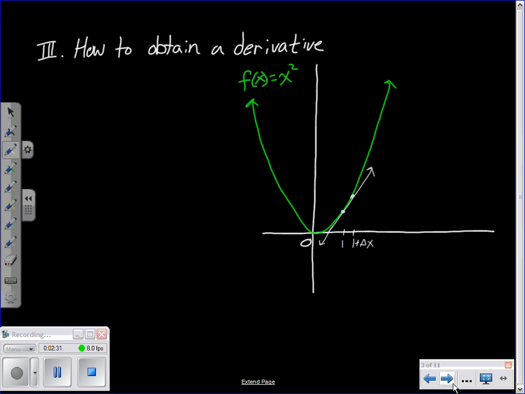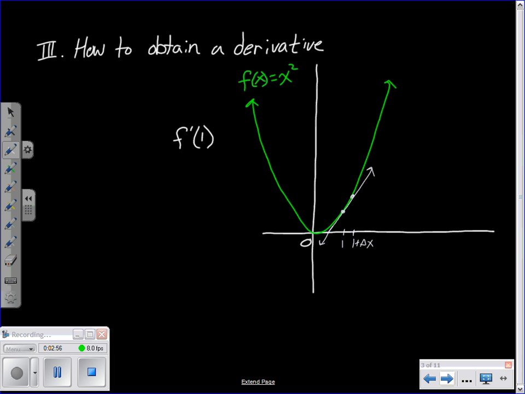So how to obtain a derivative then. Say we take a function f of x equals x squared, which is graphed here rather crudely, and you wanted to find the slope of the function at x equals 1. So we wanted to find f prime of 1, or the instantaneous rate of change at the x value x equals 1. Well, what I could do is take another point on my graph that's really close to 1 but not equal to it.